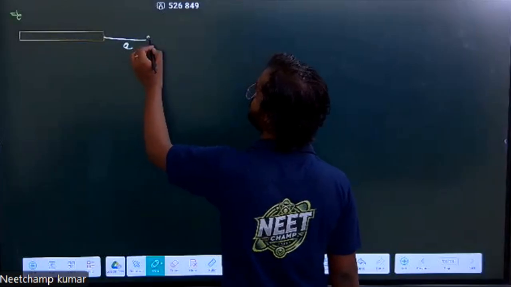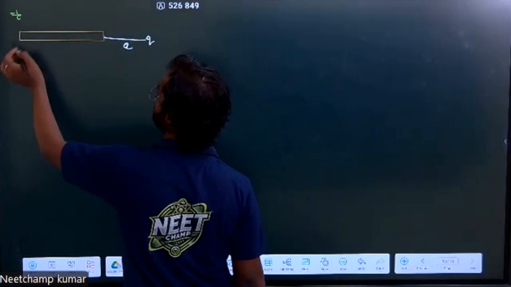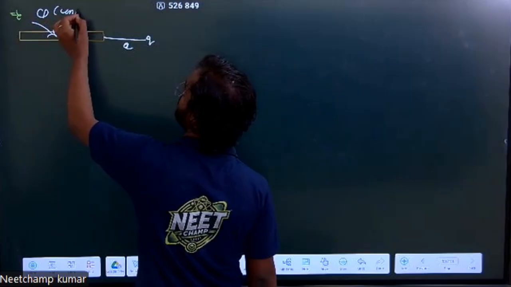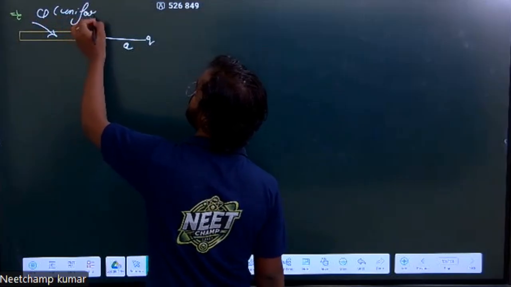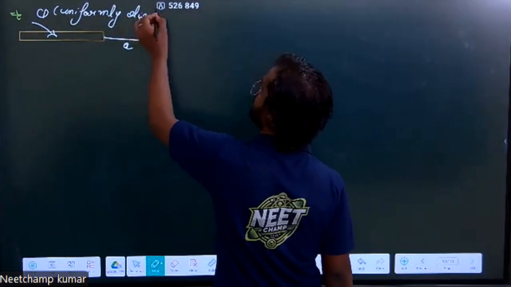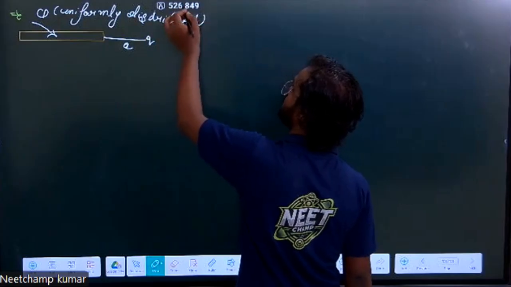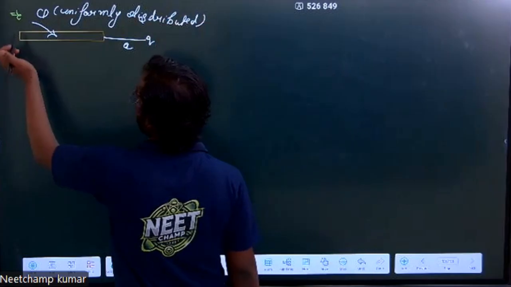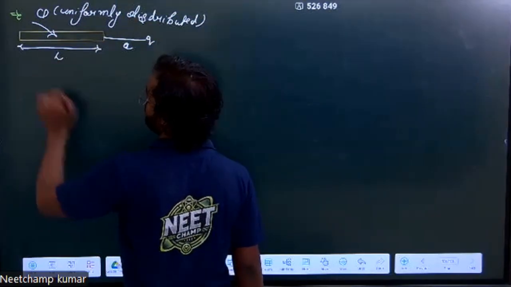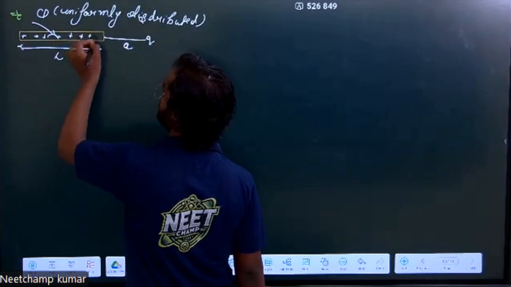There is a small charge q there, and suppose the charge on this rod is Q, which is uniformly distributed, and suppose the length of the rod is L. So it will have a positive plus Q charge over the length.